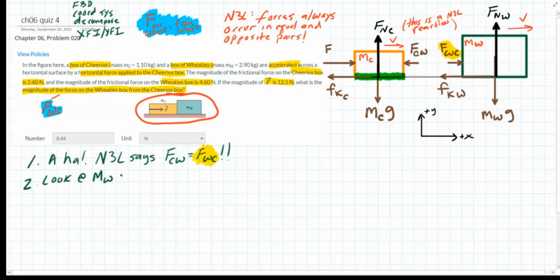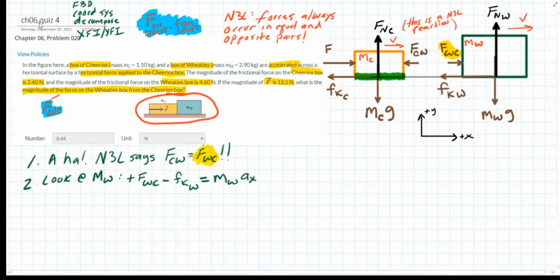So if I look at the Wheaties, this is what I have: plus FWC, that's going rightward, right there you can see, minus FKW, minus the kinetic friction force acting on the Wheaties. And I guess that's it, isn't it? Okay, and it equals mass of the Wheaties times A sub X.